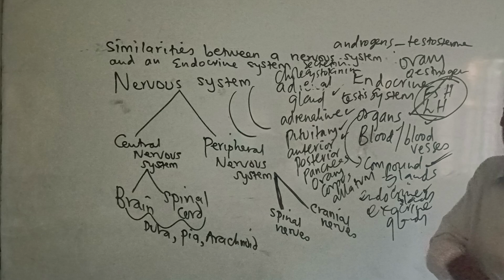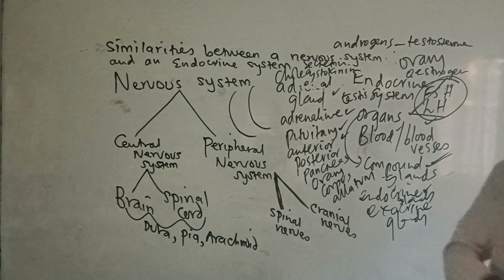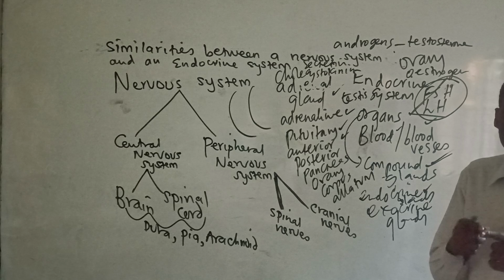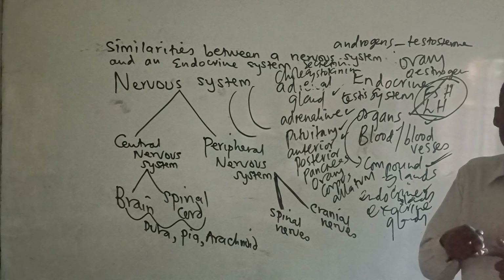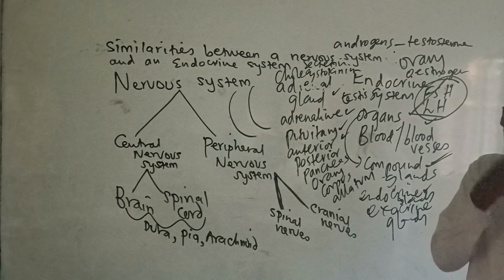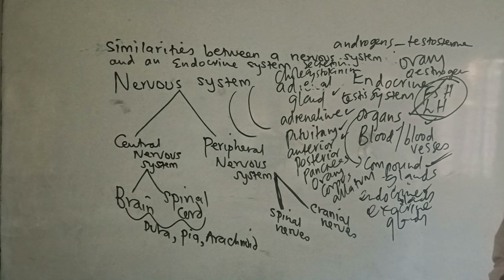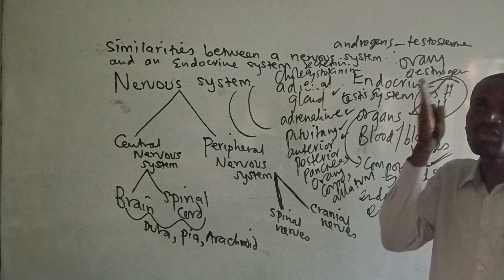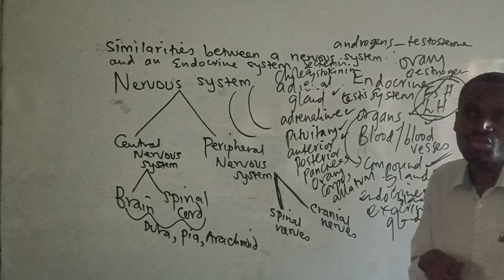For example, if that pricking of the finger gets taken as pain by the receptor cells in the finger, that message gets carried along the sensory neuron to the central nervous system, for example the gray matter of the spinal cord. There, that impulse gets transferred to the relay neuron via a synapse or neurojunction.